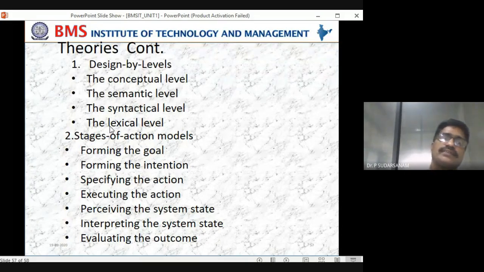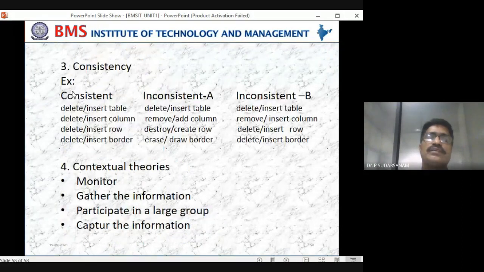Next, the third one is called consistency. What do you mean by consistency? Every business should have consistency. We have already seen this example in placements. Some companies ask for consistency from the beginning, from 10th, PU, degree, up to the current level. You should have consistency of 80% or 60%.